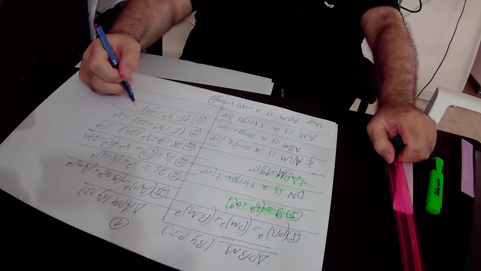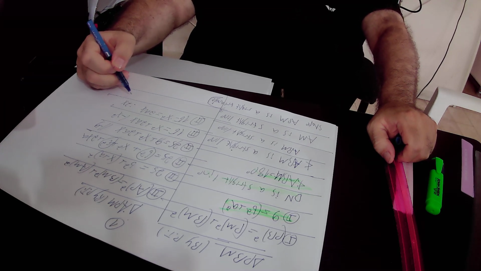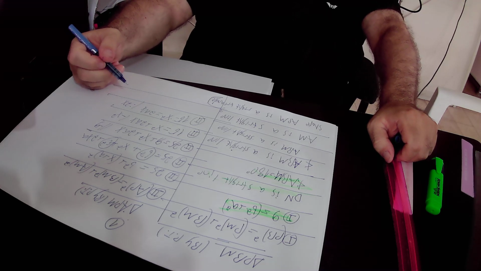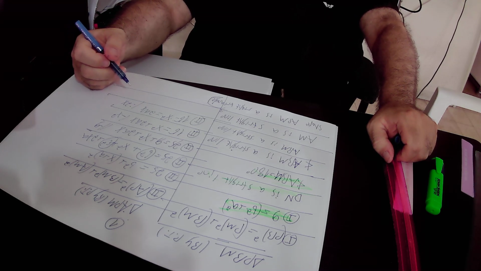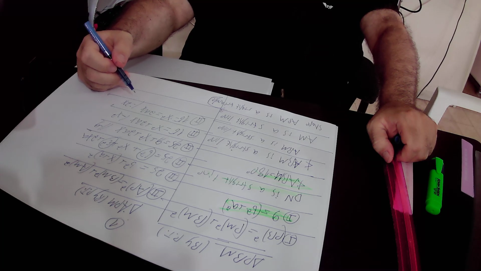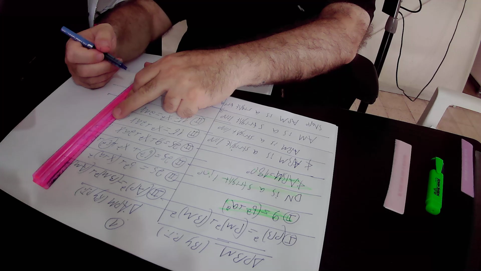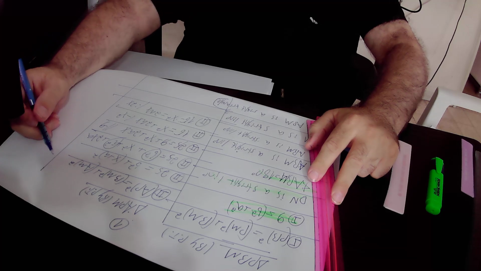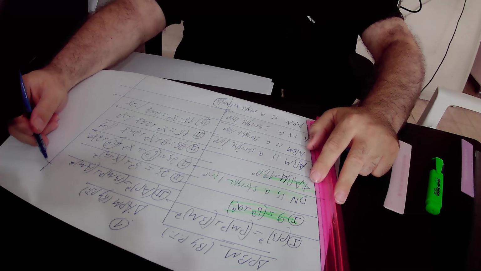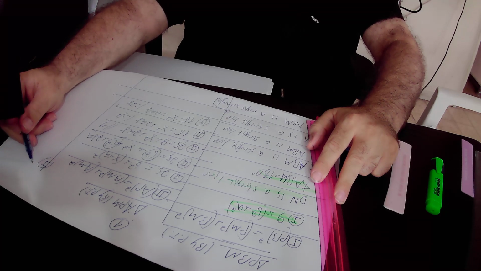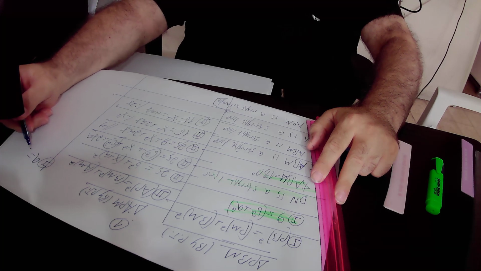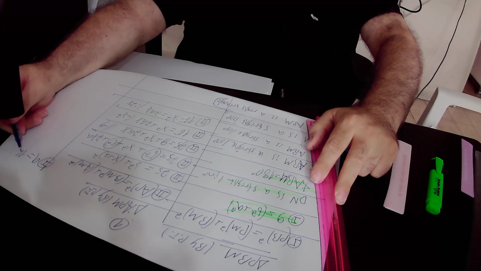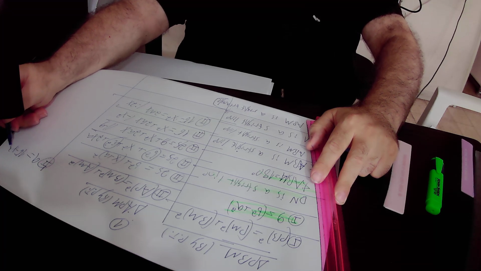Here we divide this equation number 2 by 2x, and we will get that according to equation number 2, A equals (16 minus x squared) over 2x.